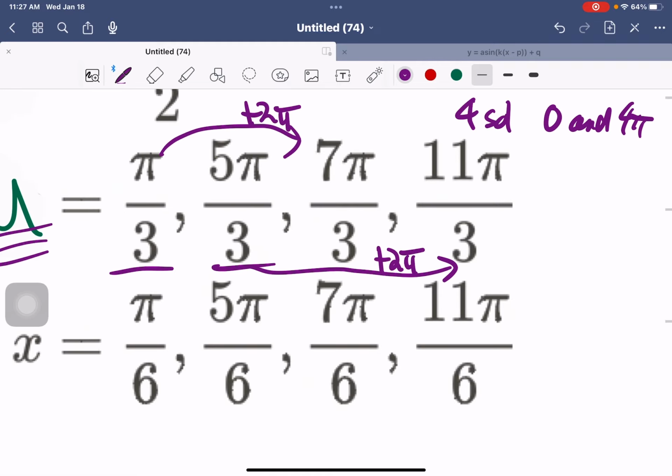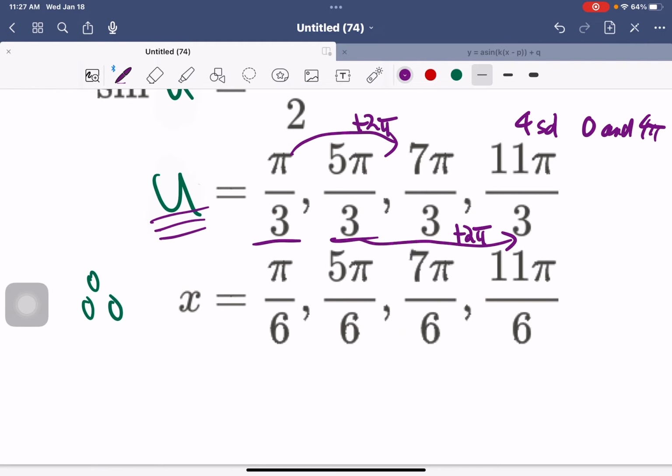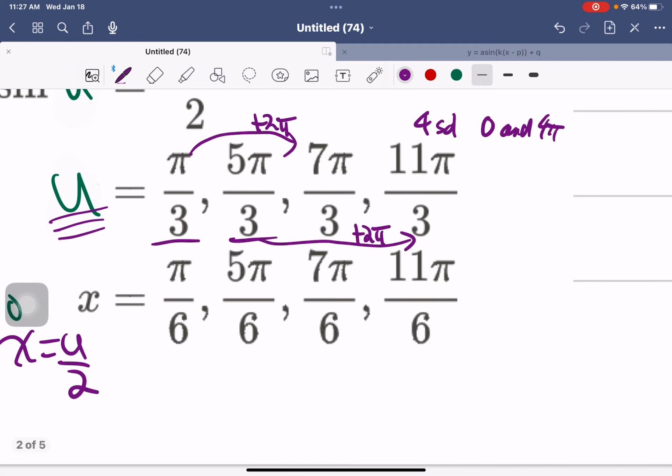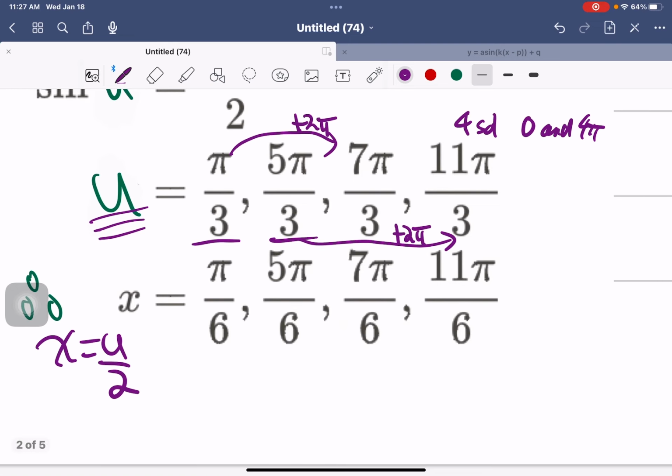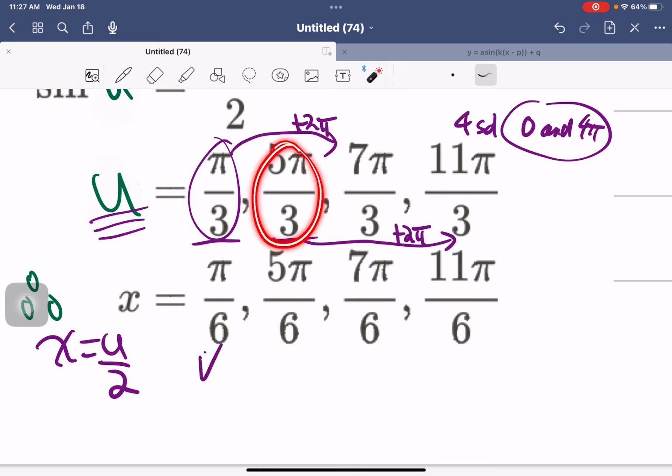I have to divide all of those by 2, right? Remember, x equals u over 2, because I have to get all the solutions between 0 and 2 pi. So that means I take the solutions between 0 and 4 pi, and now I divide all of them by 2. Pi by 3 divided by 2 is pi by 6. 5 pi by 3 divided by 2 is 5 pi by 6. 7 pi by 3 divided by 2 is 7 pi by 6.